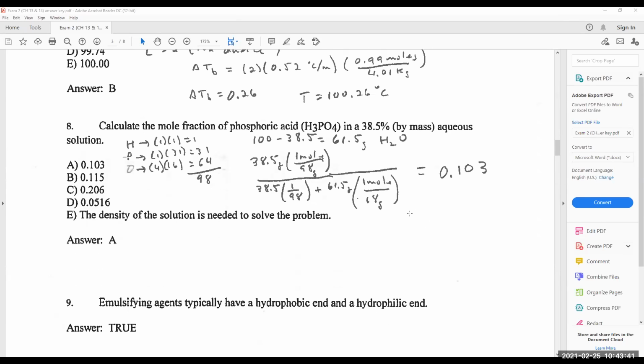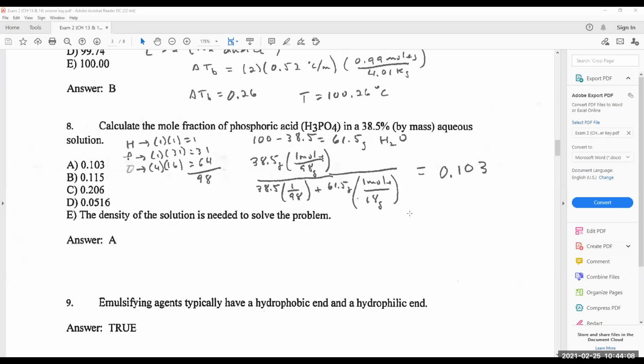When it's this weight percent, we always assume for calculation purposes to use 100 grams total. So that means if we have 100 grams total, we can subtract the 38.5 grams of H3PO4 from 100 to tell us that there's 61.5 grams of water. So now we know the grams of water, we know the grams of phosphoric acid.